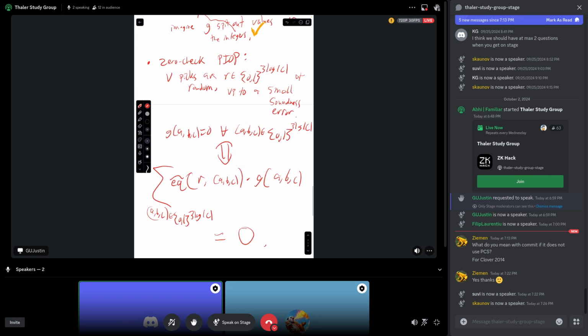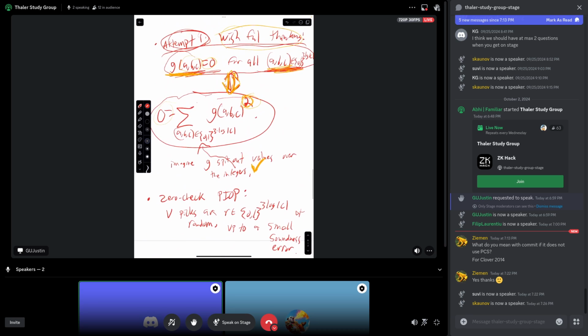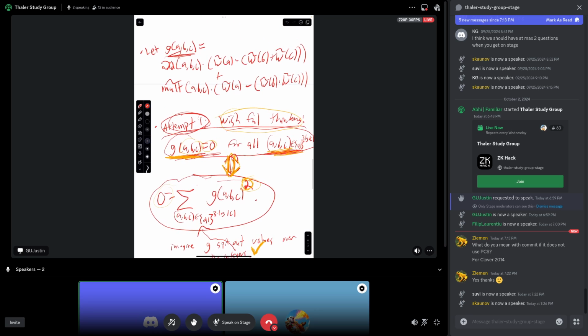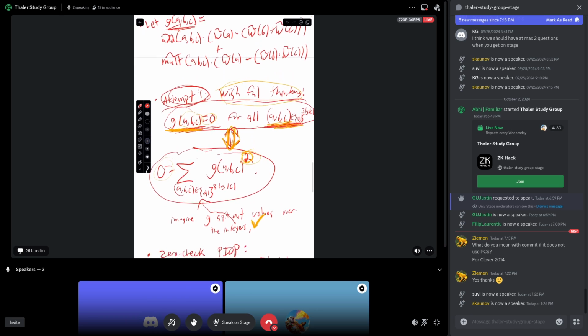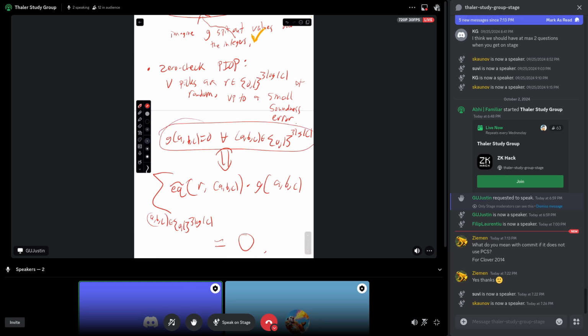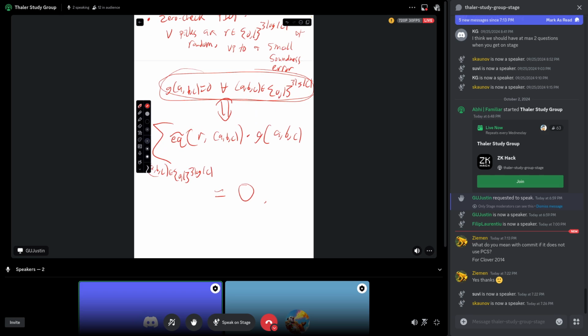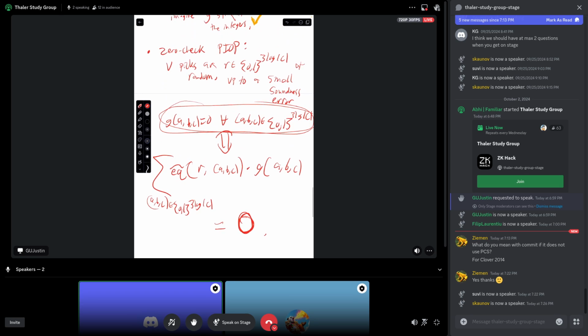So this gets around the issue. Remember, what we were looking for here was a way to take the property we care about, namely G evaluating to 0 over all Boolean inputs, and relate it to just a single giant sum evaluating to 0. And here we did it.